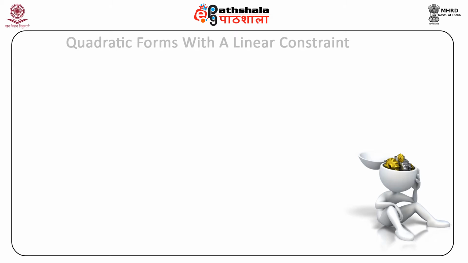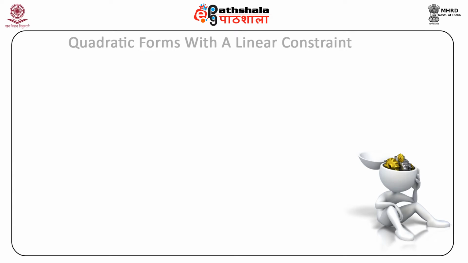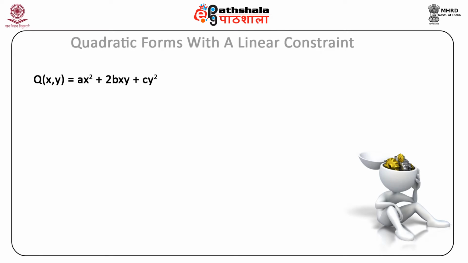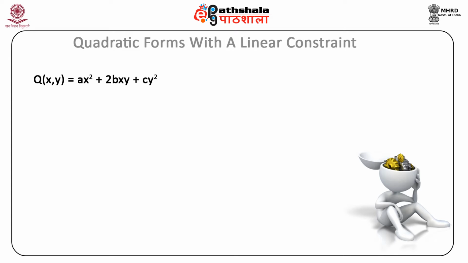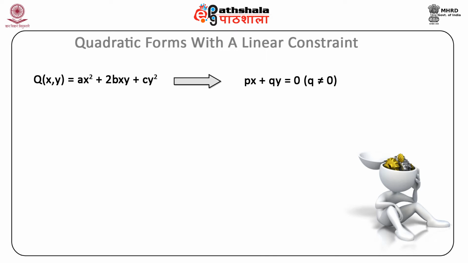The second order condition for such problems would involve quadratic forms where the variables are subjected to linear constraints. Consider the quadratic form Q(x, y) equal to ax square plus 2bxy plus cy square subject to the linear constraint px plus qy equal to 0, where q is not equal to 0.